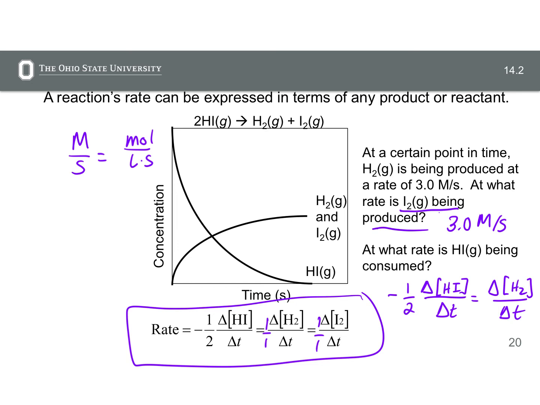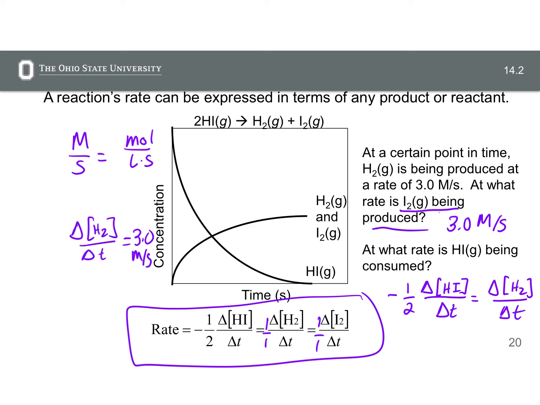So we were told that H2 gas is being produced at a rate of 3 moles per liter per second. And so that says that this is equal to 3 moles per liter per second.